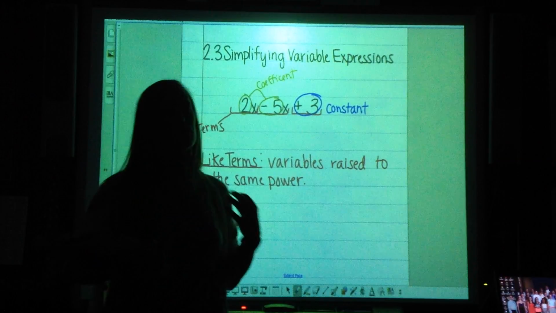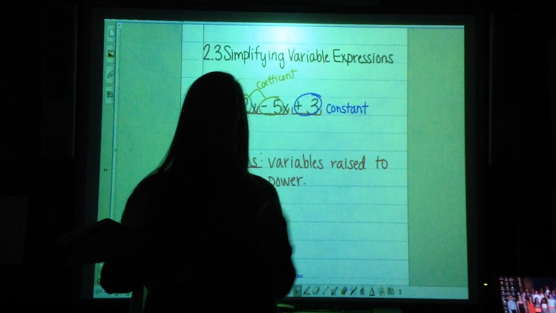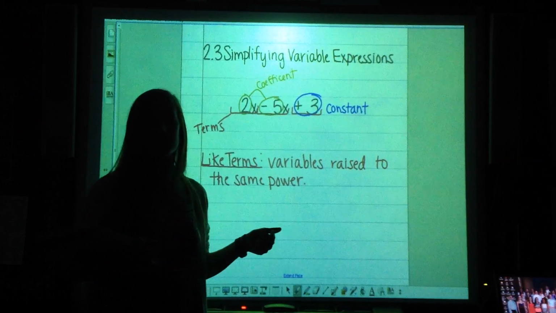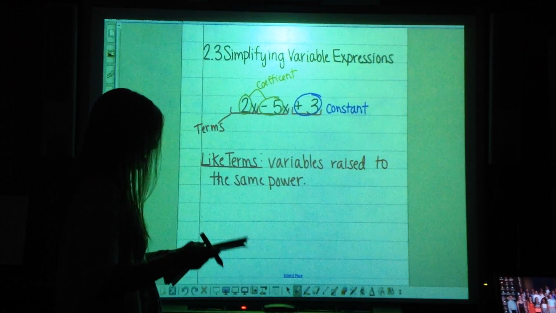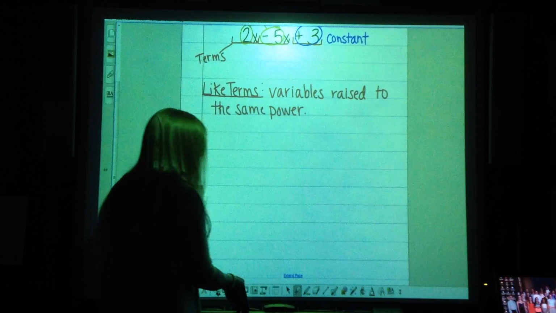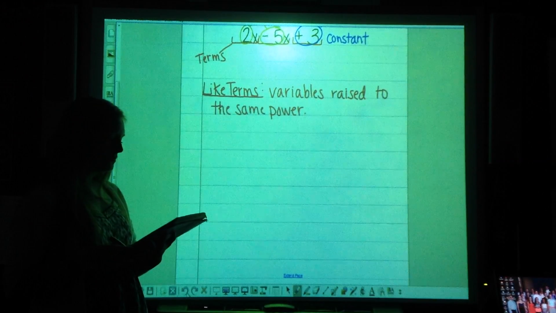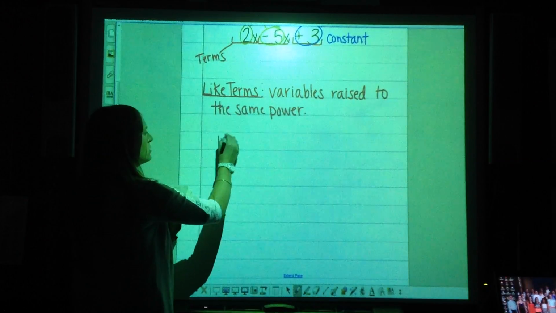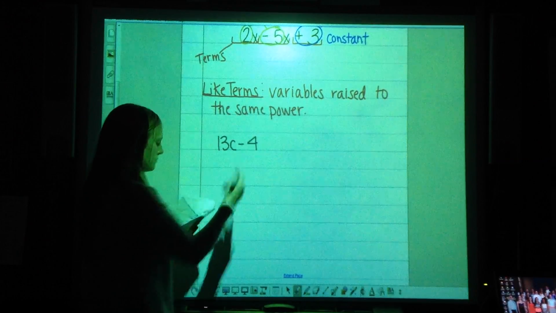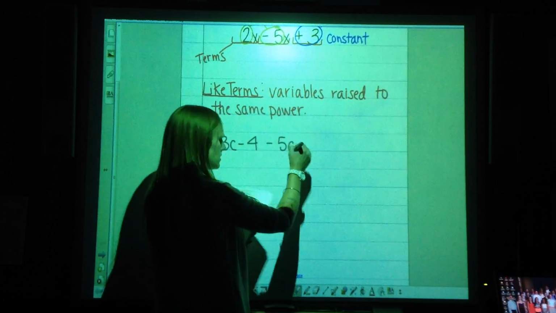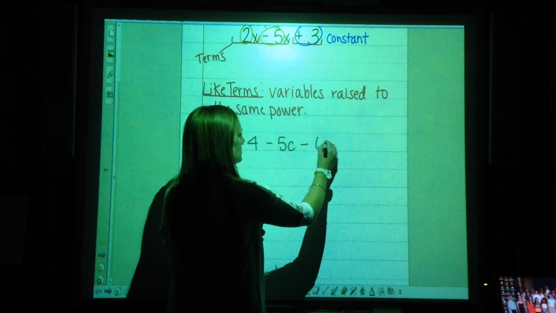The first part of your homework is going to be to identify terms, coefficients, constants, and like terms. Let's go ahead and do that now. We're going to do that with the expression 13c minus 4 minus 5c minus 6.